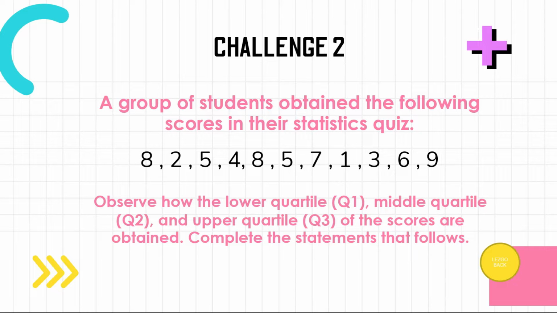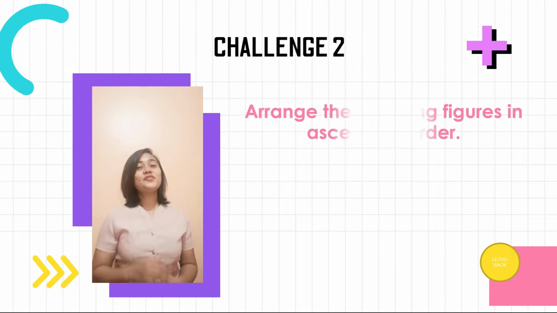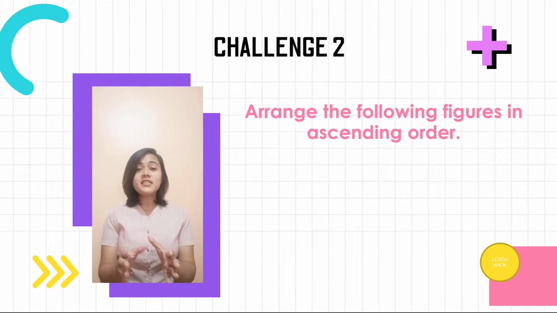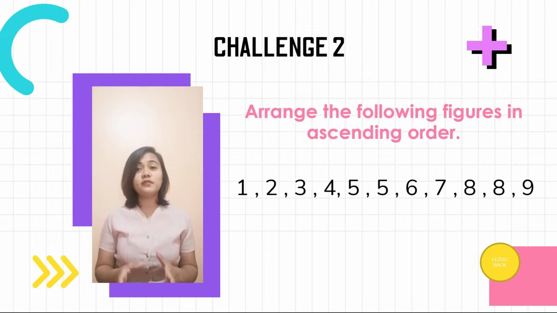The next slide will tell us to complete the statement that follows. This is the first introduction that we will have for our quartile. So let us understand how quartile works by looking at the following activities. For the first challenge, what we need to do is to arrange the following figures in ascending order.